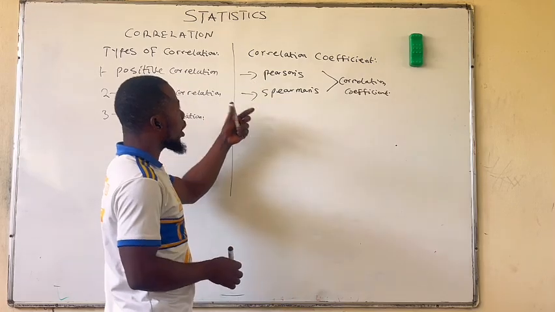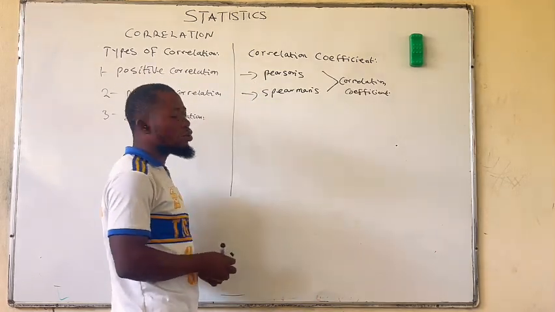Now, what is the formula for the Pearson's and Spearman correlation coefficients?